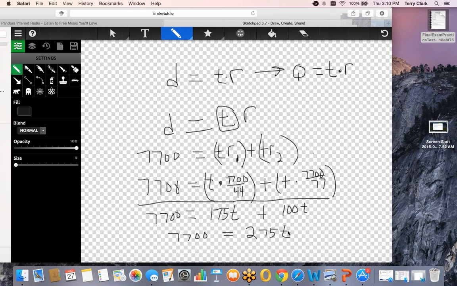But I want to know how many minutes, all together. At this point, it's still algebra. I don't know what T is, so I've got to solve for T by dividing both sides by 275.